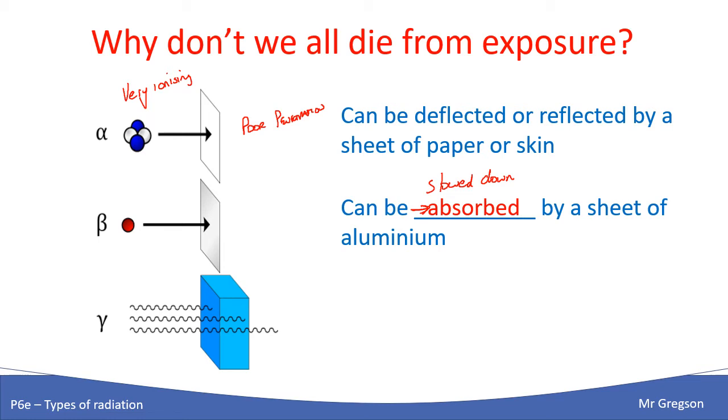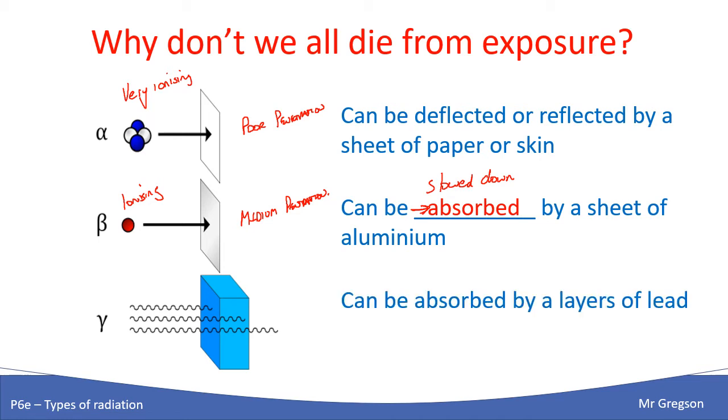So it's still ionizing, not very ionizing, but medium penetration. So it won't go through everything, and a sheet of aluminium will slow it down to the point where the electrons become so slow that they'll just join another atom somewhere that's positively charged, and I'm just looking for some balance.